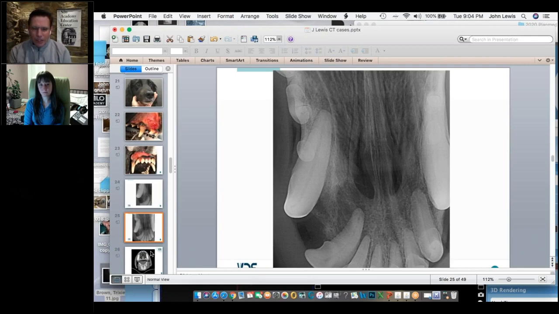And for maxillary masses, I like to do a cone beam for all of my maxillary masses, because sometimes they can be a tip of the iceberg. With mandibular masses, sometimes with the rostral mandibular masses, I'll just rely on my size 4 dental films. But for the caudal mandibular masses and any type of maxillary mass, I like to do a cone beam CT.